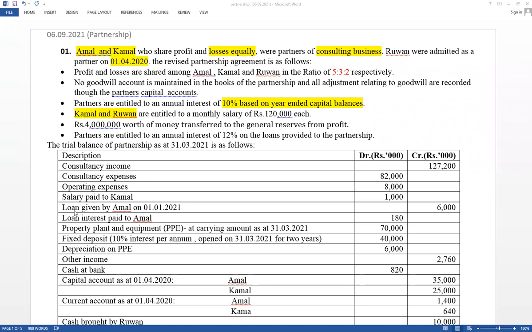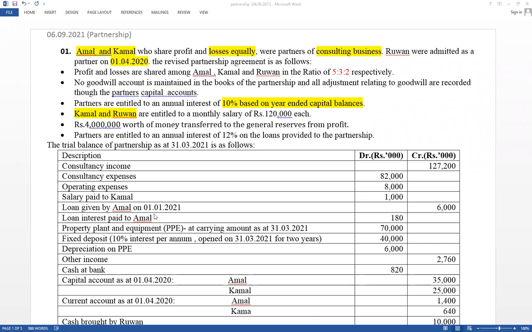It has given a loan given by Amal on 1st January 2021. This loan is given by the partner. You have to apply section 24, but think about the interest rate also given. That is a liability, and should be included under non-current liabilities.